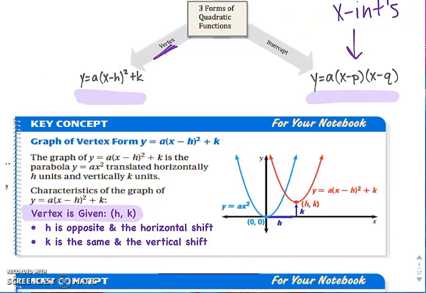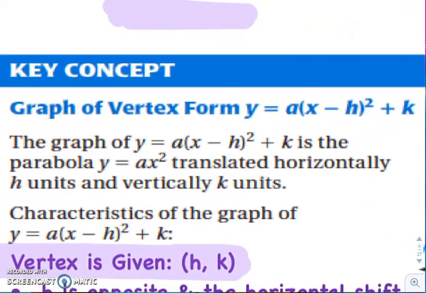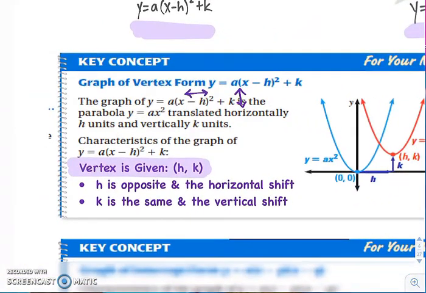So the graph of y equals (x minus h) squared plus k is the parabola, or the parent function, ax squared, just translated horizontally h units and vertically k units. So in this equation, your h is your horizontal shift, whereas your k is the vertical shift.